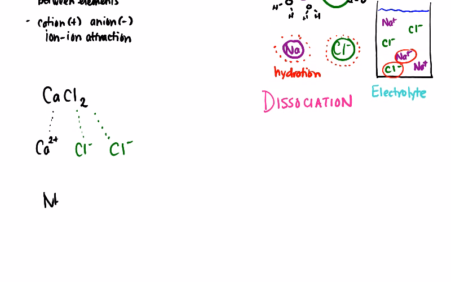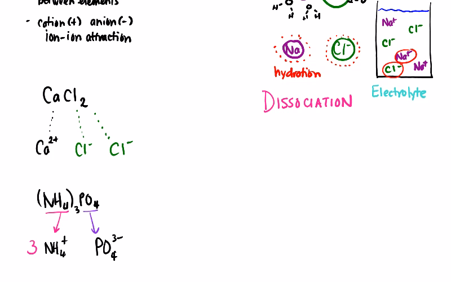For example, if I have ammonium phosphate, this is made up of 2 polyatomic ions. When this dissociates, you will get 3 ammonium cations that are 1 positive each, and you'll also get 1 phosphate anion, which is 3 negative in charge.